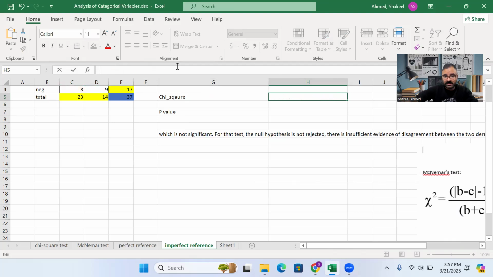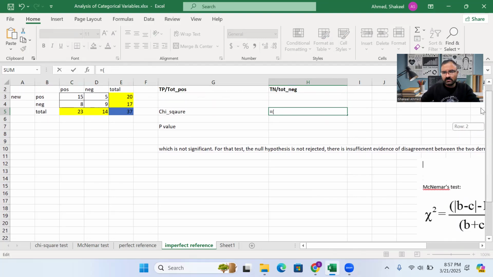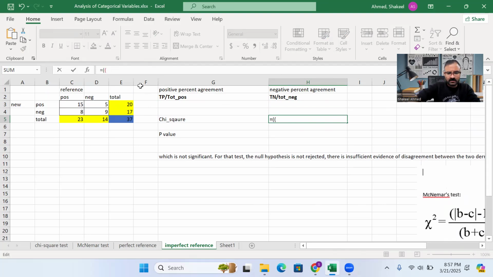You can just see, you need to start with a double bracket and then absolute b minus c, then minus 1 and then square, and then you can close the bracket and divide by b plus c. This is b and this is c.